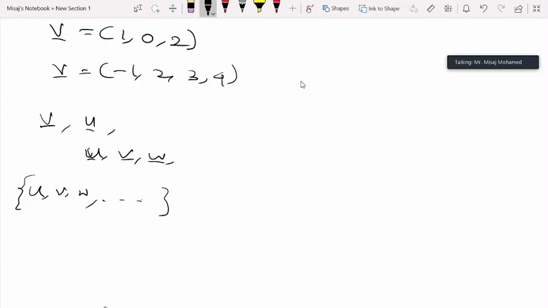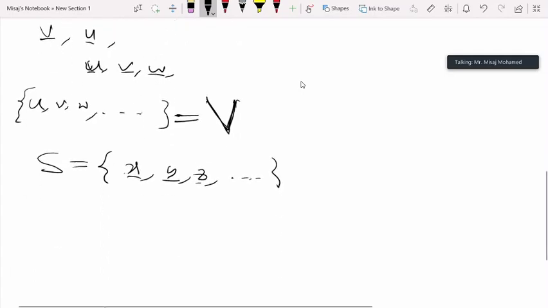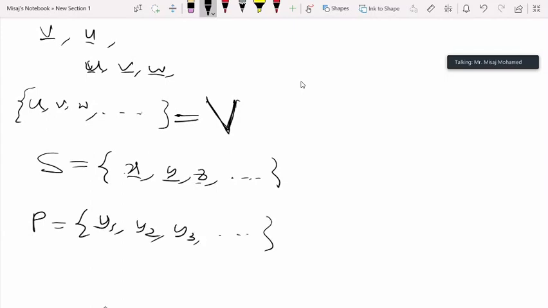That is called a capital V. This is not a vector. This is capital V. The collection of vectors is denoted by capital letters. Capital S denotes some vectors, vector X, Y, Z, etc. Capital P denotes y1, y2, y3 as vectors.